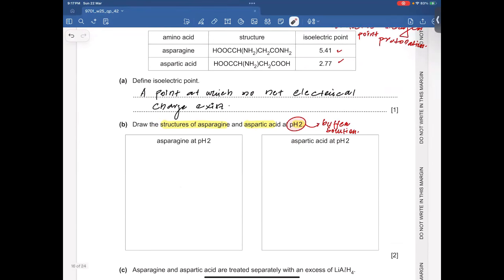So asparagine is basically like this: COOH, CH, and this NH2 will accept a proton, and obviously it will turn to NH3+. This CH2 will remain as it is, and this amide functional group will remain as it is because amide is neutral and cannot react with acid or alkali, okay?